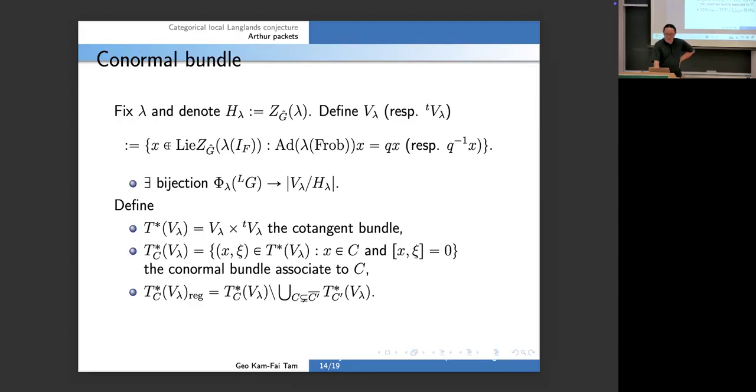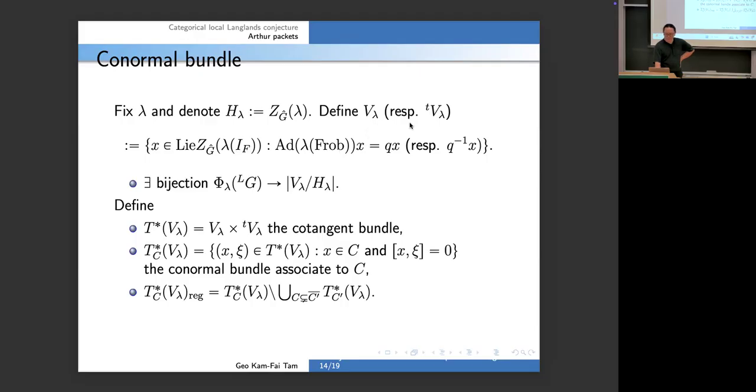And V_λ consists of those tangent vectors in the centralizer group of the image of the inertia group of F by this λ, and I take the q-eigenspace of this Frobenius.